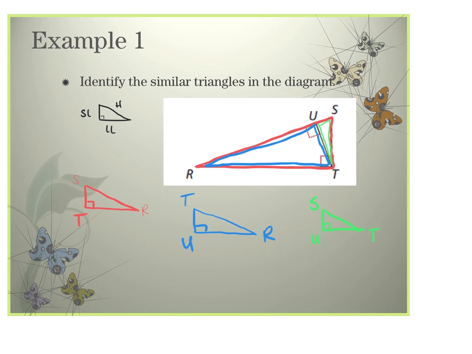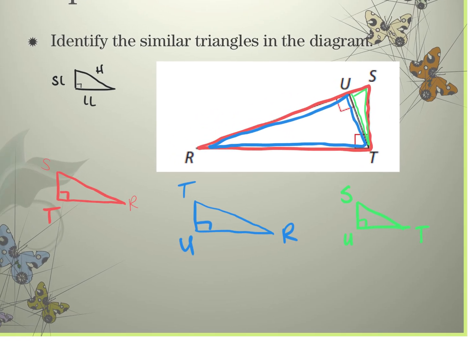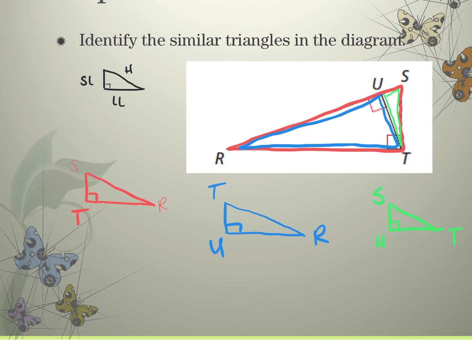So now, guys, part of what you're going to be asked to do is write a similarity statement. And in these similarity statements, the order 1000% matters. So someone take a shot, now that we've drawn all 3 of our triangles, at writing the similarity statement between the 3. Kristen?